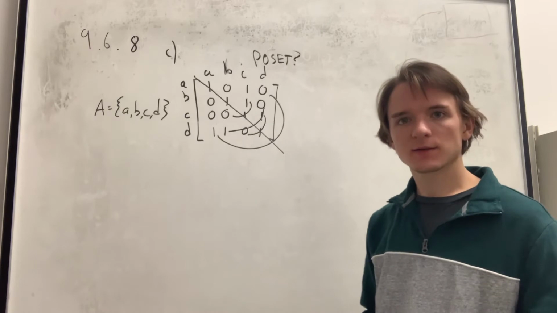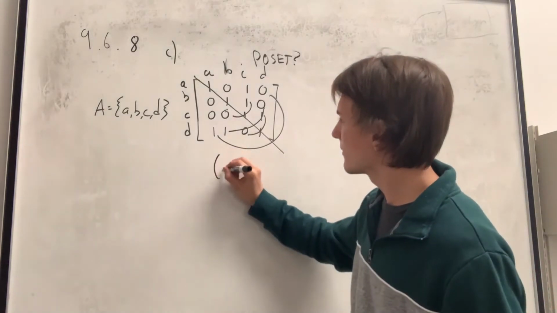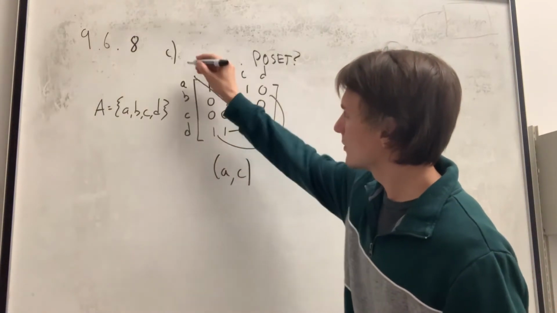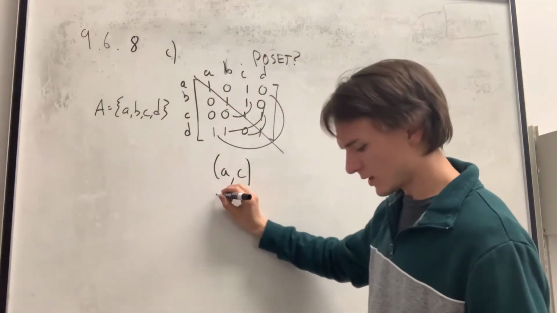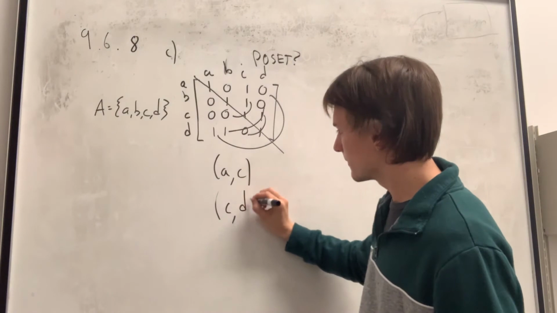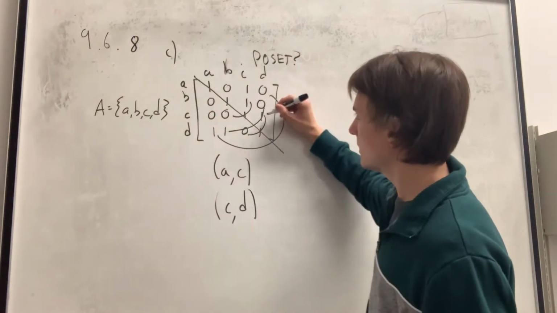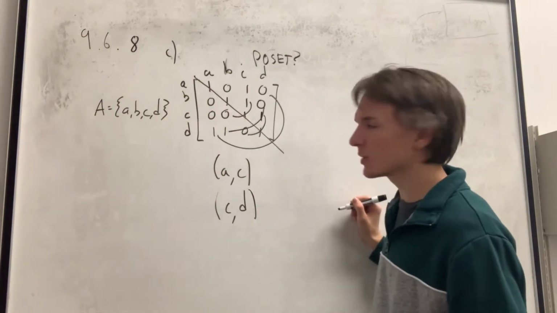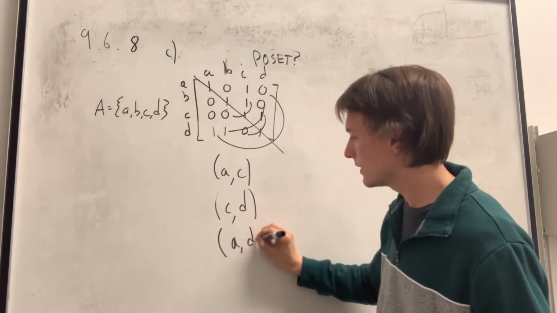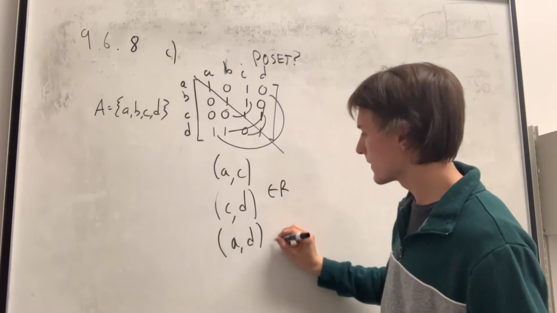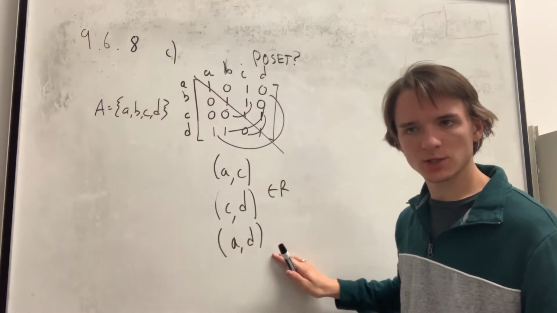Finally, is it transitive? We have A comma C, so down A across C, which is in the relationship. We also have C comma D, which is down C across D, which is also a 1 within the relationship. So we should have A comma D. Is this within the relationship?